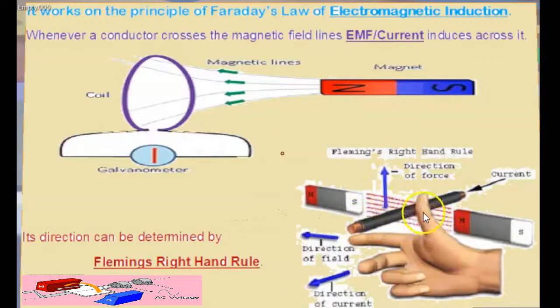So here the thumb is indicating the direction of motion of the conductor, and this index finger is in the direction of magnetic field. Then this middle finger would indicate the direction of induced current in this conductor. So with the help of Fleming's right hand rule, we can easily determine the direction of induced current in the conductor which is moving in the magnetic field.